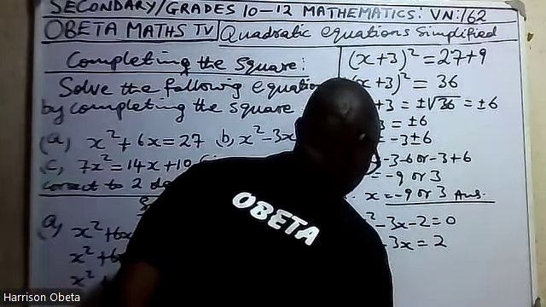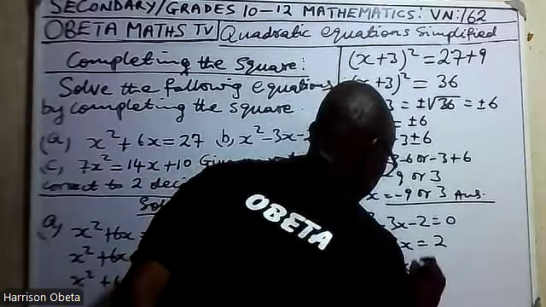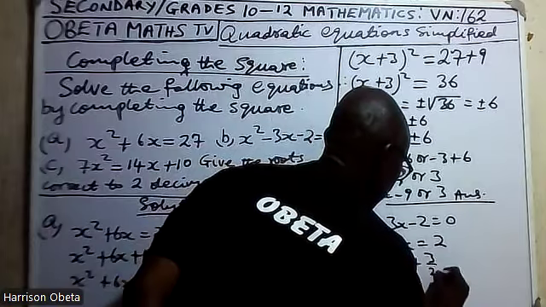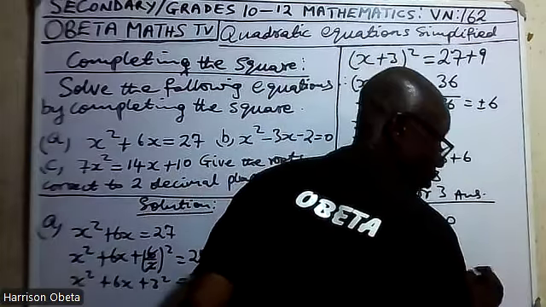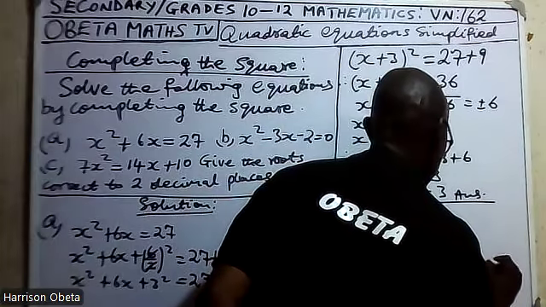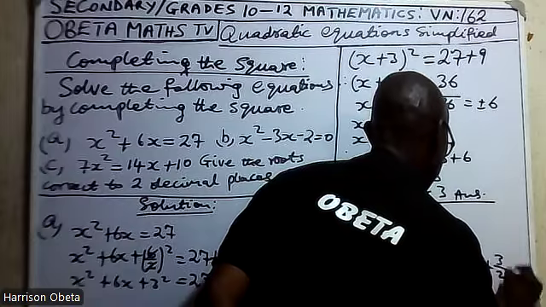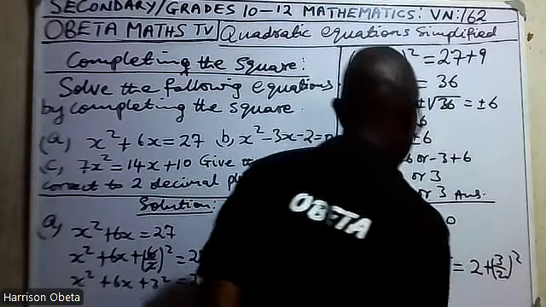So that means we have x squared minus 3x plus 3 over 2 squared is equal to 2 plus 3 over 2 squared.